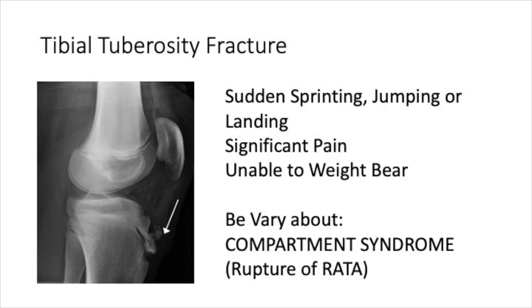He's unable to weight bear. There's gross swelling in the anterior part of the leg and some swelling in the mid-leg area as well. The child is in significant pain and you will have classical findings of a fracture. If you look at the x-rays closely, the x-ray seems to be like that of an Osgood-Schlatter.